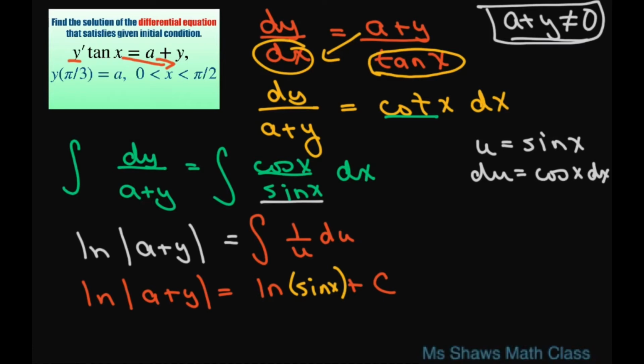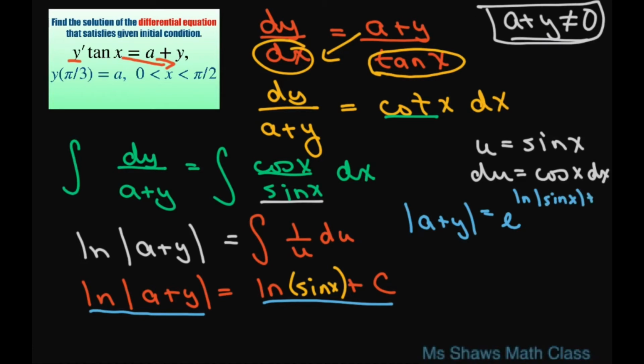And to solve for y, we're going to power this up with e and convert this to exponential. So we're going to get absolute value of a plus y equals, and right now I'm just going to write this as e to the power of ln of absolute value of sine of x plus c.